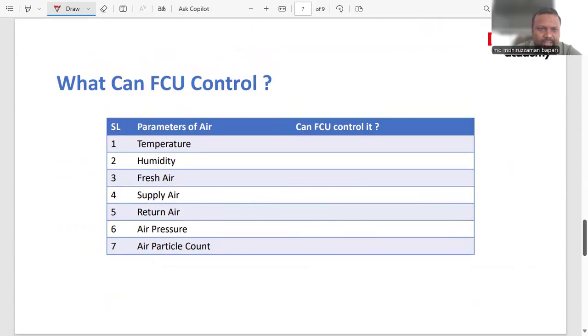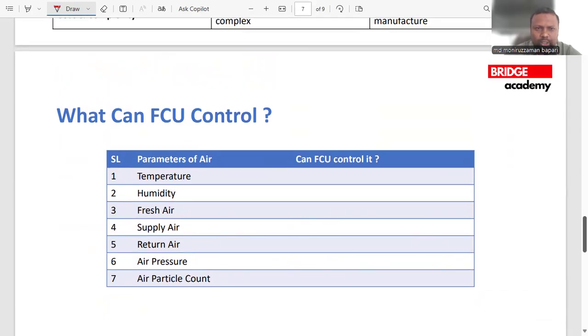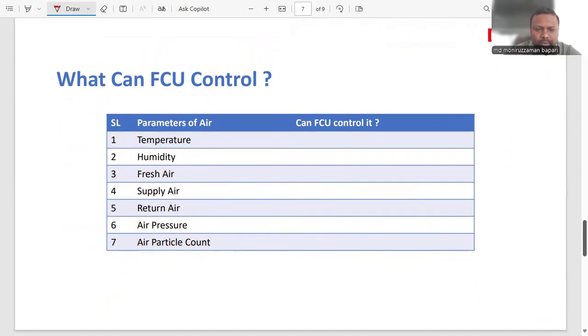Okay, let's look at what a fan coil unit can control.